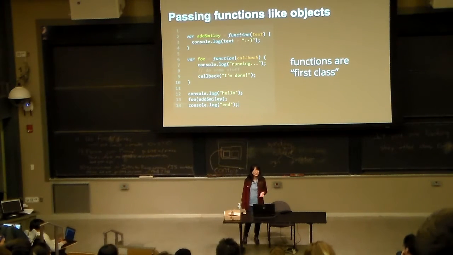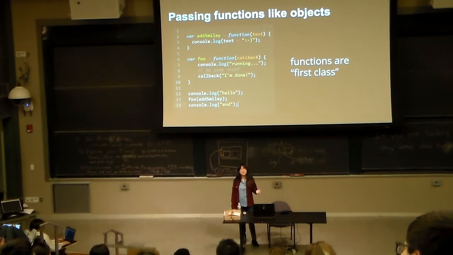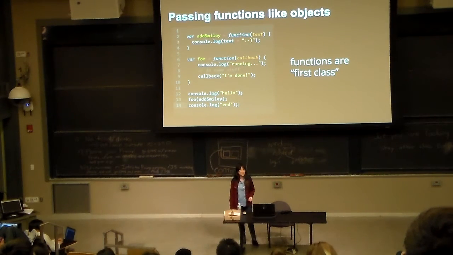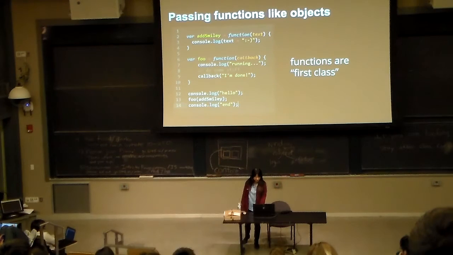So you notice that you can just use callback. Callback is a variable that refers to whatever function you're passing. First you print hello, then you call foo and pass in the addSmiley function. So that means foo is going to print running, and then it's going to run the addSmiley function and pass in I'm done as the input text.